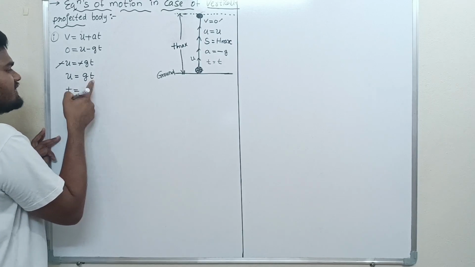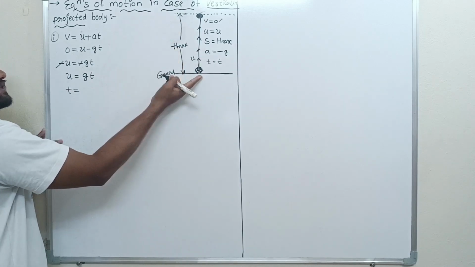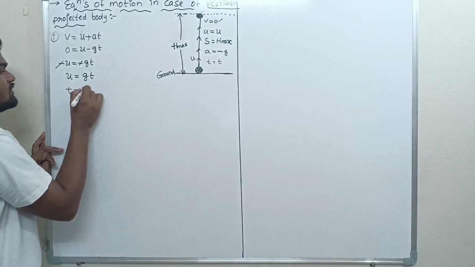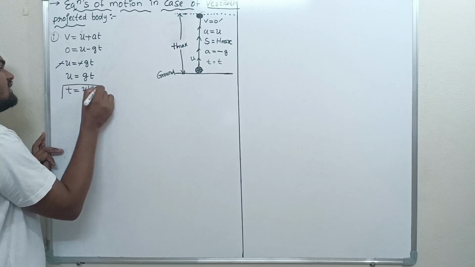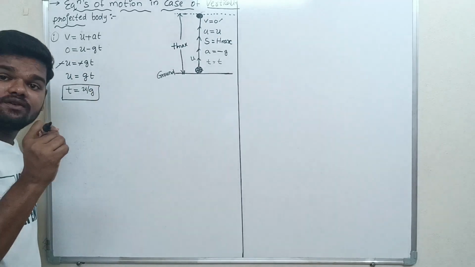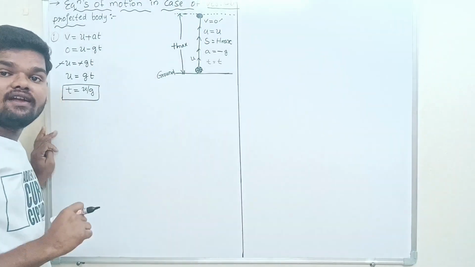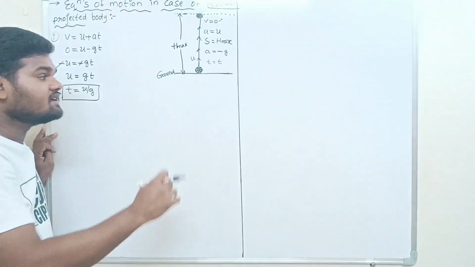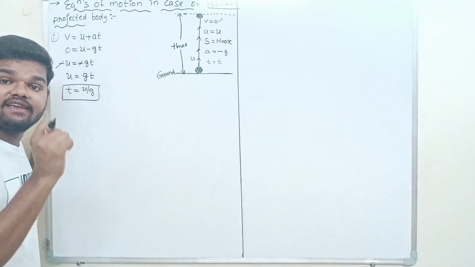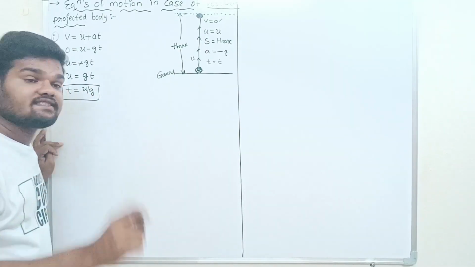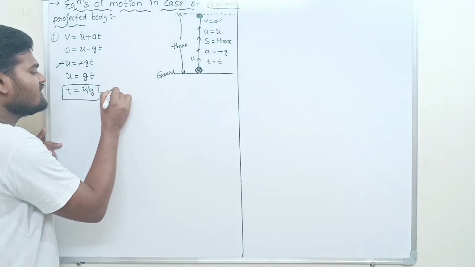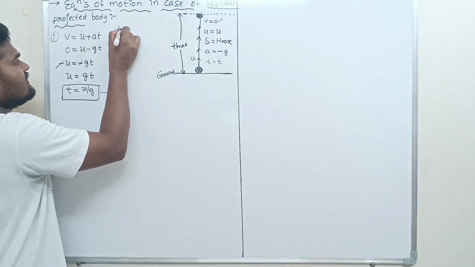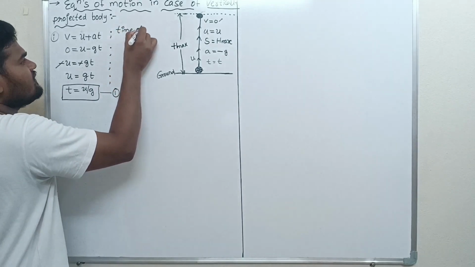So the time taken by the object to reach the maximum height from the surface of the ground is t = u/g. This time is called the time of ascent.